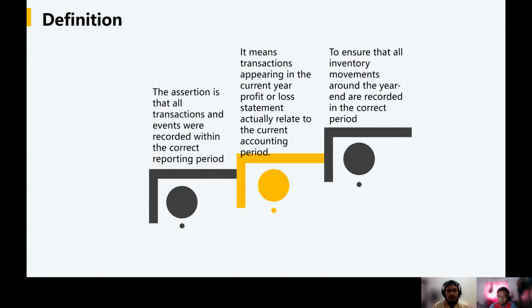So based on these three definitions, we can summarize that cutoff means all the transactions, all the events, all the things that happen within a year of assessment and have been reported in the financial statement in that period.